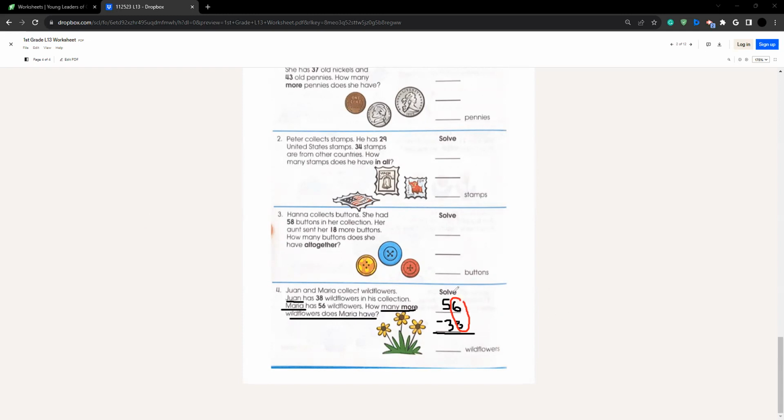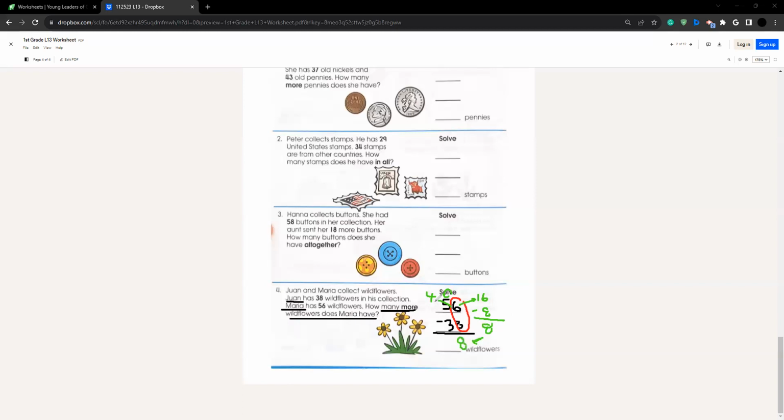So we have to borrow from our tens place. So instead of 5, it becomes 4. And then 6 becomes 16. So now we can do 16 minus 8 is 8.